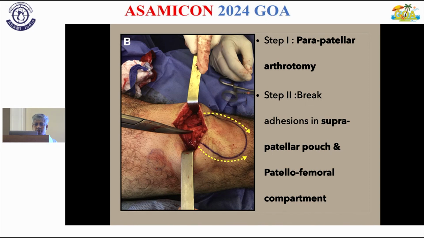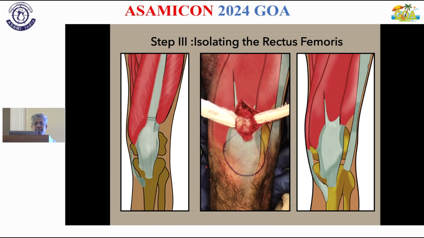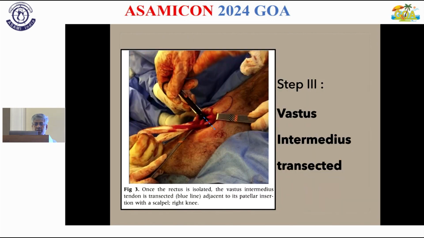First step would be to do a medial and lateral parapatellar arthrotomy, followed by breaking adhesions in the suprapatellar pouch and between the patellofemoral compartment. Then the third step would be to isolate the rectus femoris, followed by cutting the vastus intermedius muscle.